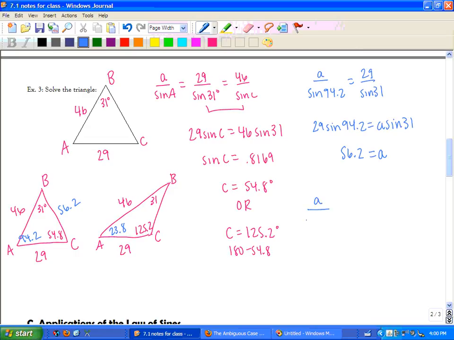Or we could have A over the sine of 23.8 equals 29 over sine of 31. And so we'll have 29 sine 23.8 equals A sine 31. So the A could equal 22.7. And so again, you could check and be sure. Like your biggest angle in the first triangle we drew is the 94.2, and 56 is the biggest side. 23 is the smallest over here, and it is the smallest side. So both of those versions are correct. So that's a possibility where you could have two triangles.